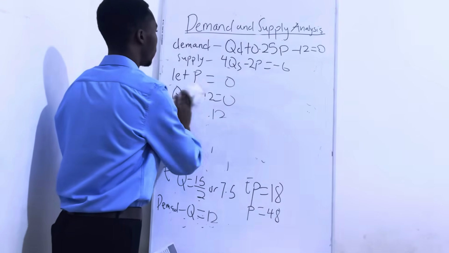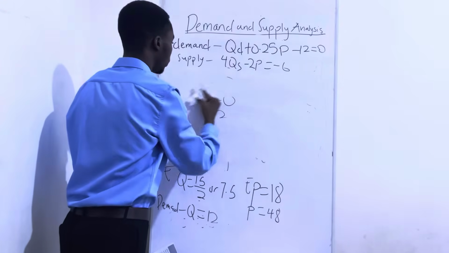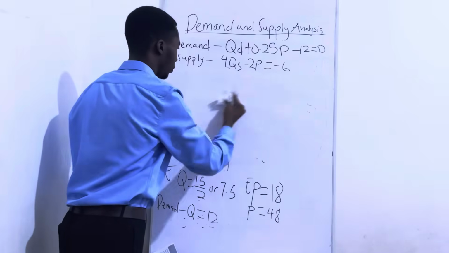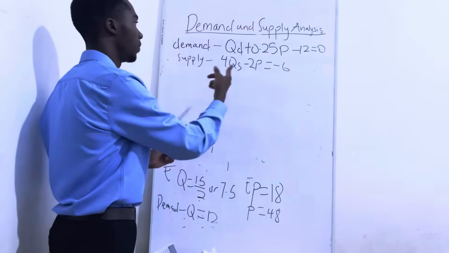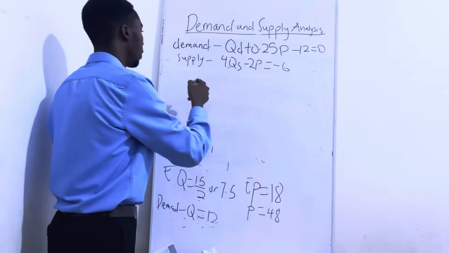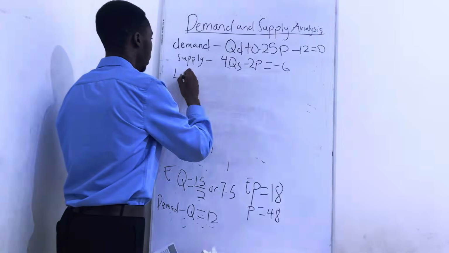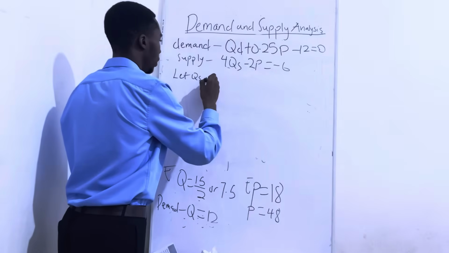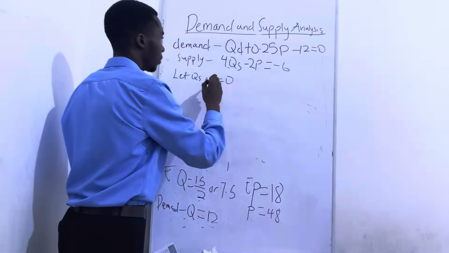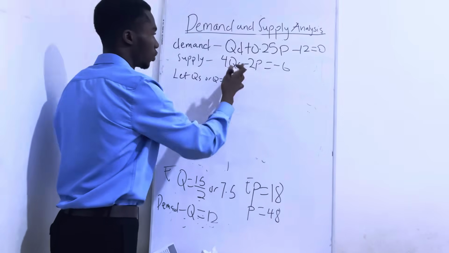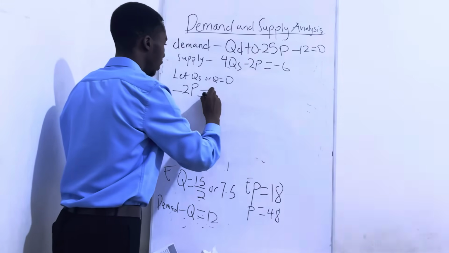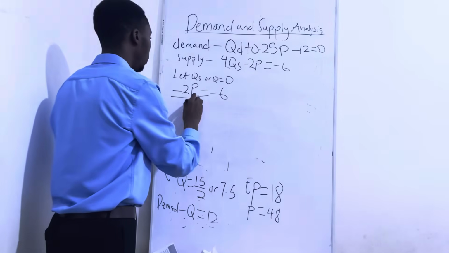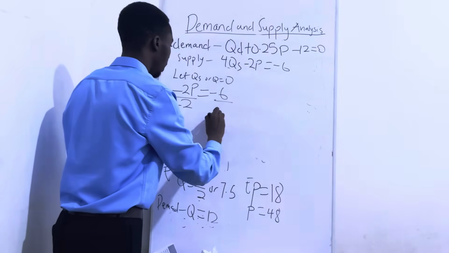Now we can do the same for the supply equation. For the supply equation, we let Q, or QS, be equal to 0, then we find P. So that means 4 times 0. Here we go, so you have negative 2P is equal to negative 6. You divide both sides by negative 2 to let P stand alone.